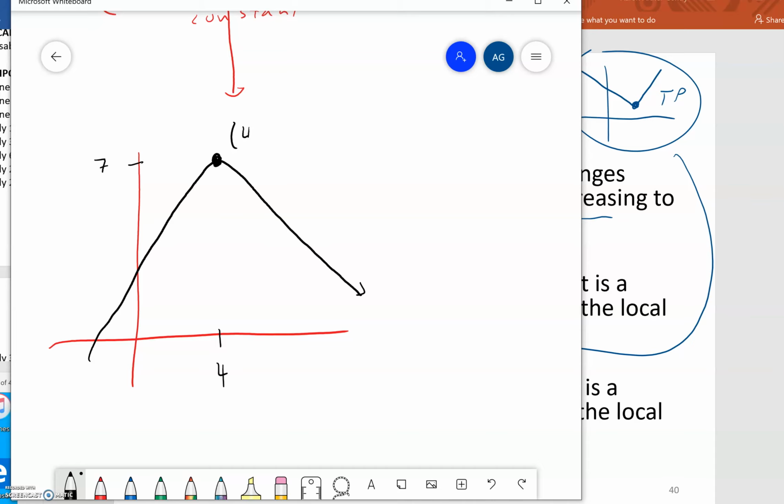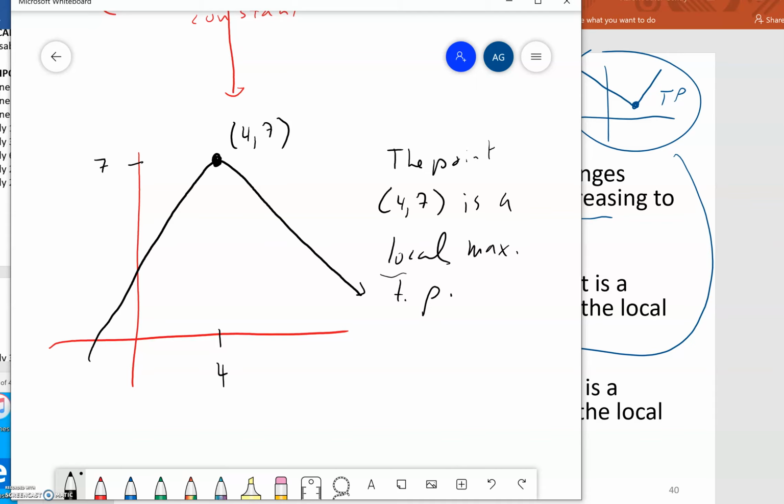Therefore, the coordinates of this point are 4, 7. So the point 4, 7 is a local maximum turning point.